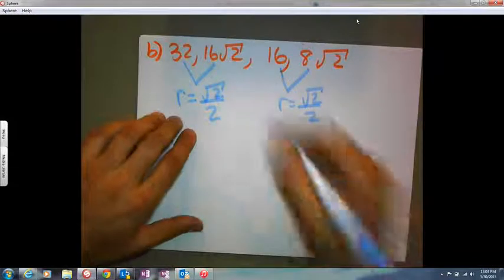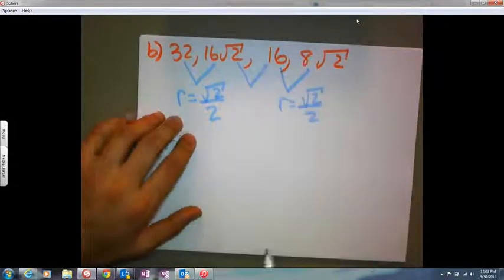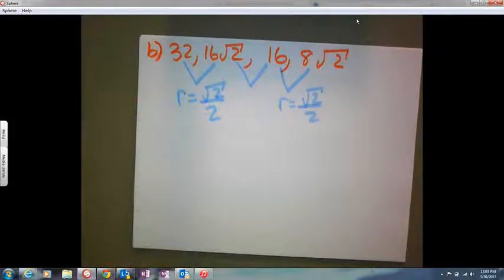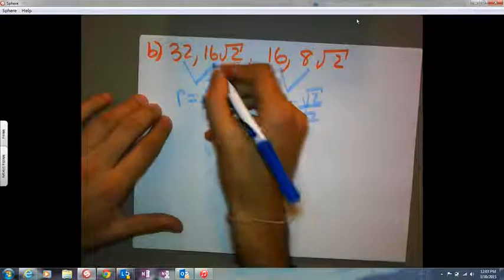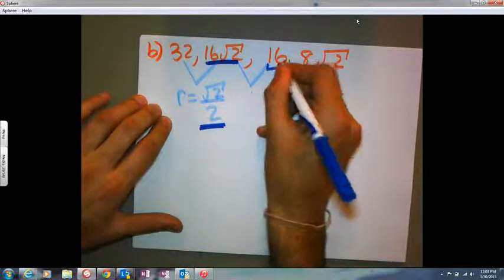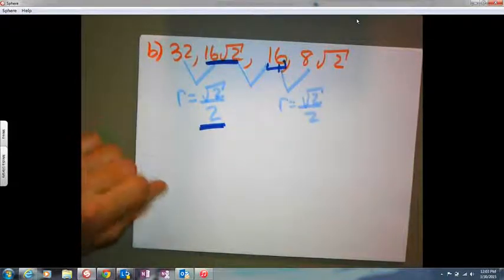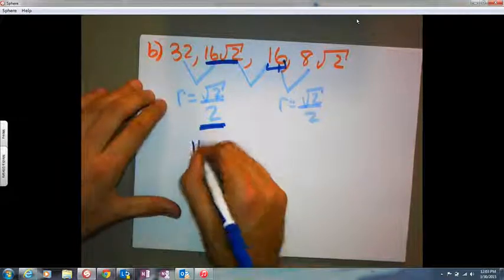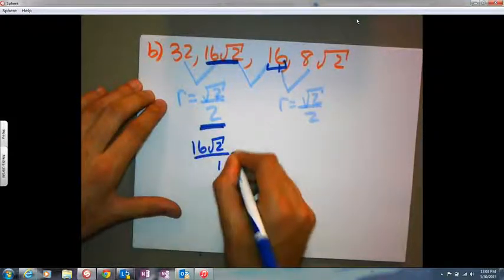So we need to check. When I looked at this the first time, I was like, I don't think it's going to work. I didn't think that this times this would give me this. It doesn't look like it's going to work. So let's take a look. 16 root 2 times R. See what we get. On the bottom, 2 times 1 is 2.